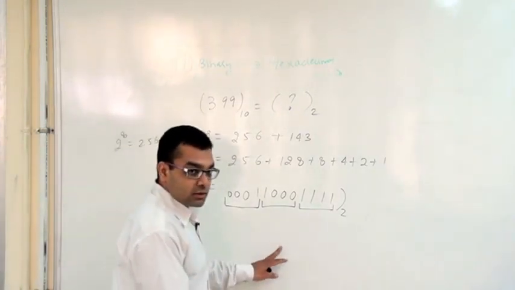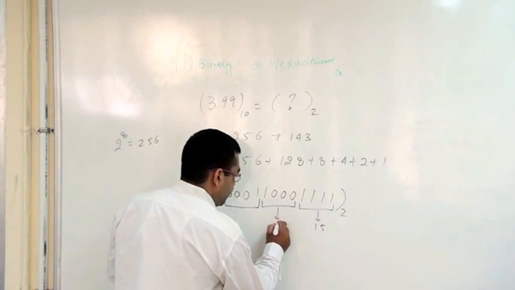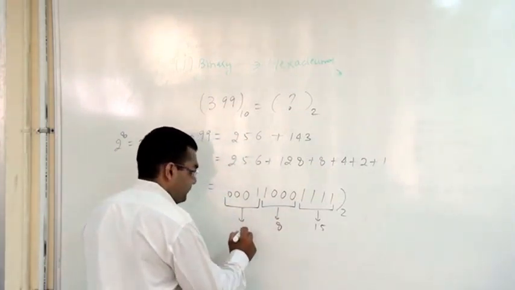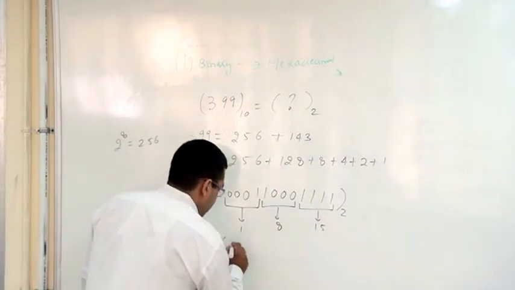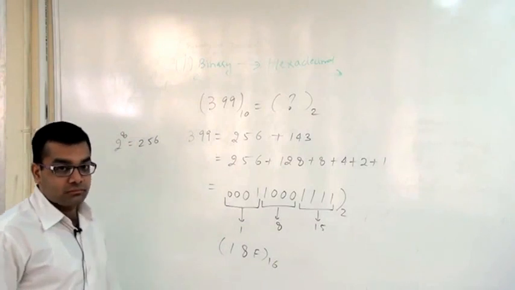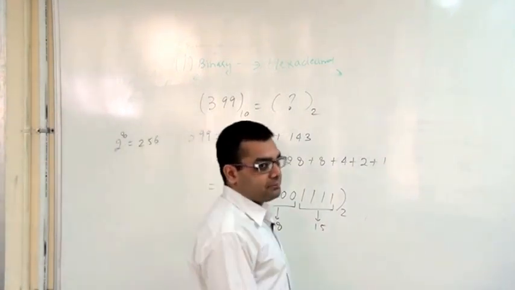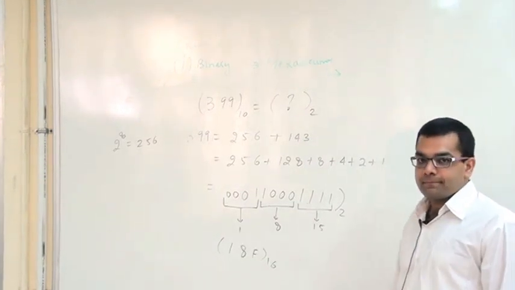And this is what? This is 15, this is 8, this is 1. So in hexadecimal you can check, this 15 is represented by F. This is what we had got the last time.